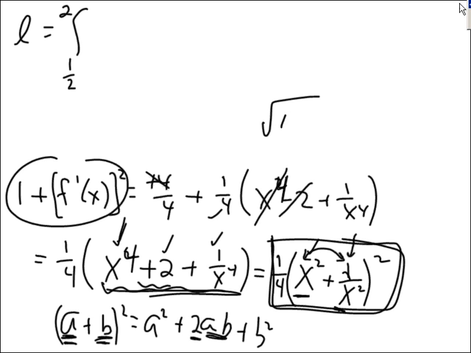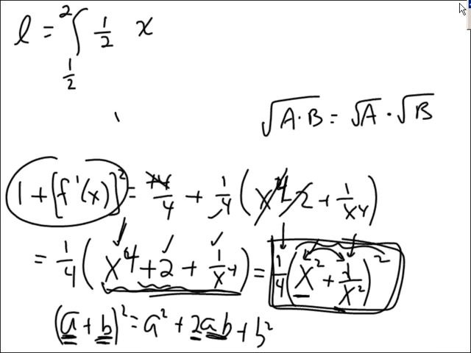Remember, if you have the square root of a product, you can take the square root of A times the square root of B. Well, here's my A, 1/4, and what's in the bracket squared, that's my B. The square root of 1/4 I know is 1/2 times the square root of x squared plus 1 over x squared, squared. I want to say it's the absolute value of this.